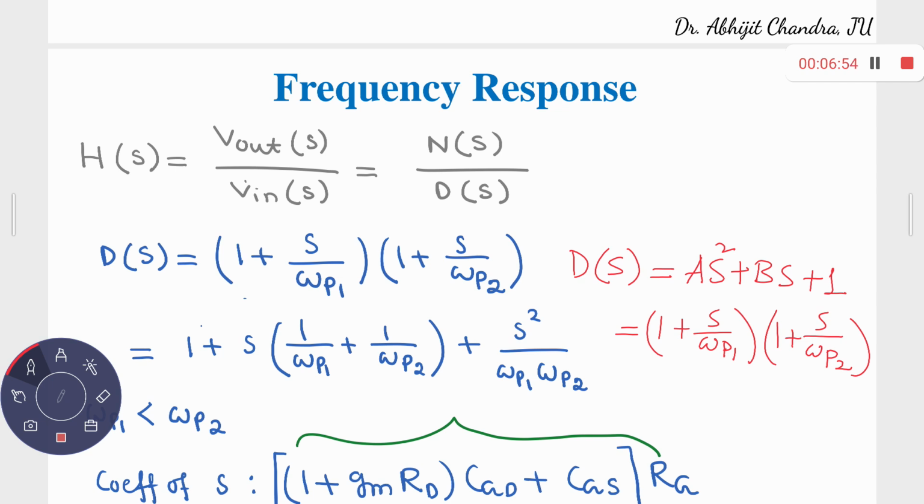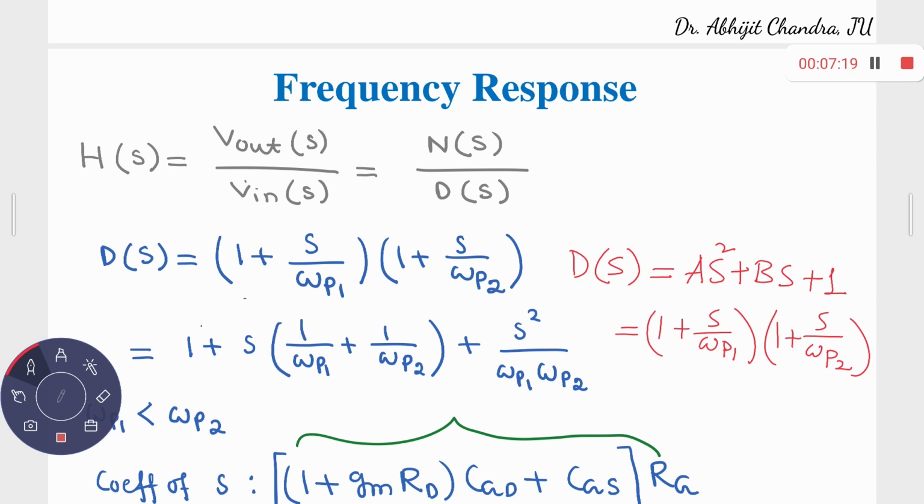Sometimes omega p1 might be larger with respect to omega p2. In that case, you get an idea regarding the bandwidth of that particular amplifier cell, right? Now whenever you encounter one such pole frequency, what is the implication in the frequency response? Suppose you have 1 plus s upon omega p1.